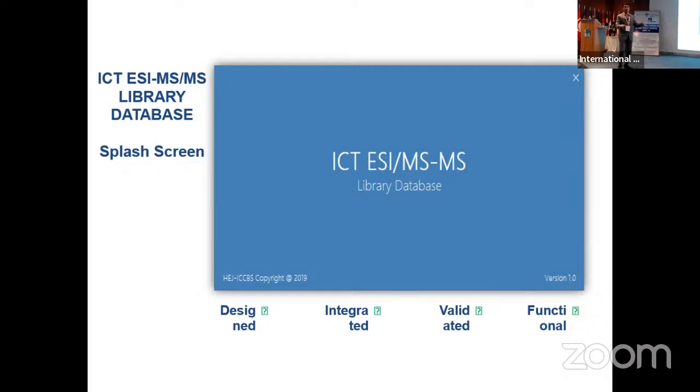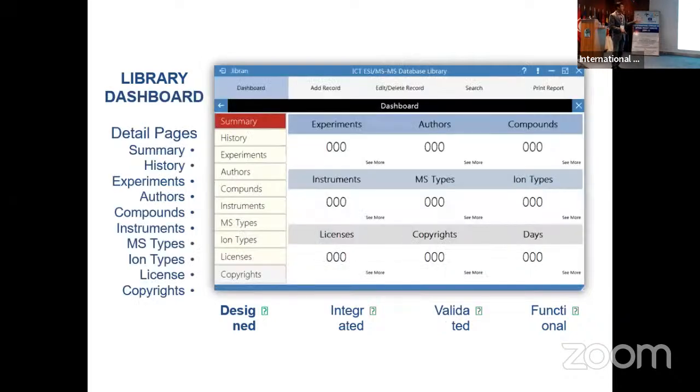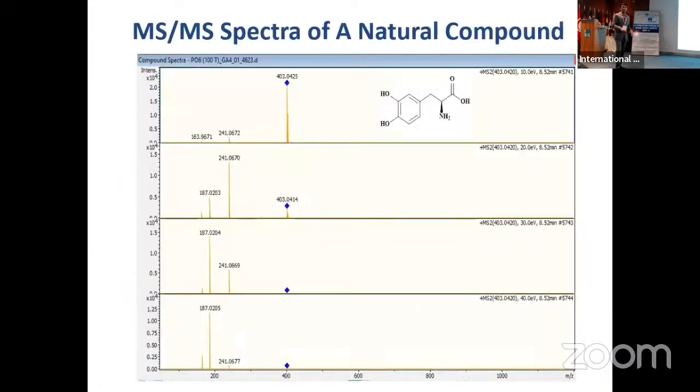This was actually done by our students. We have not commercialized it yet, but you can enter as a student or guest. This is the screen where you add the details of your experiment, the preparation and so on. After entering this and putting in the spectra, you can identify the compound with very high confidence.